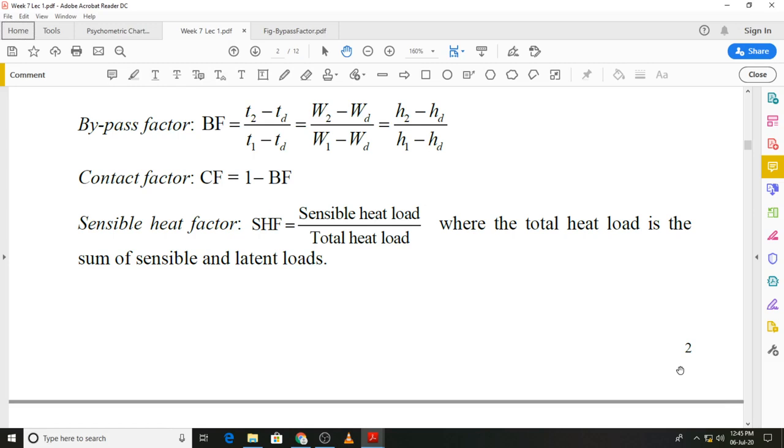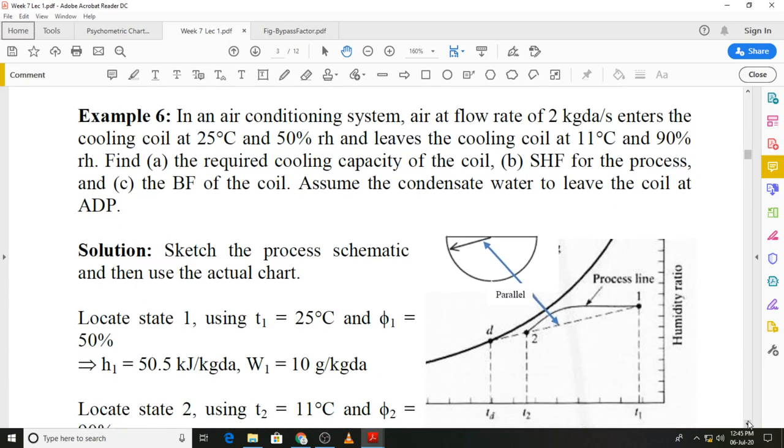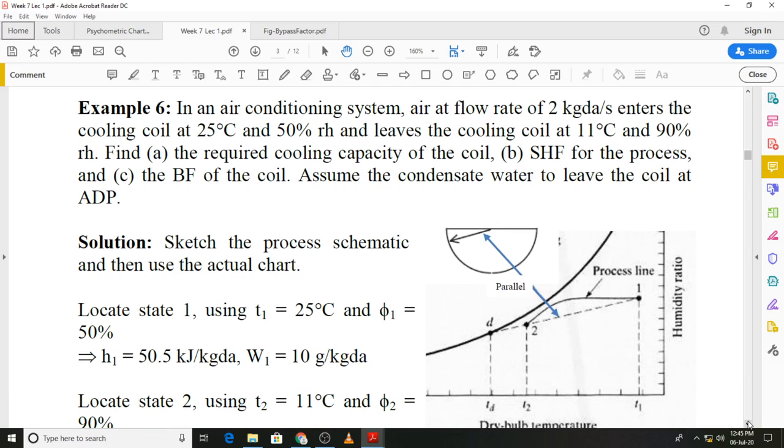And we will move on to an example based on the cooling and dehumidification process that we have studied.